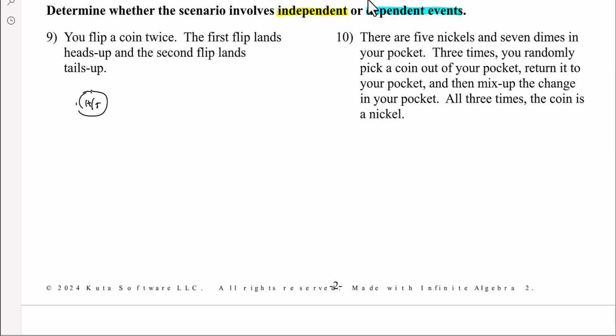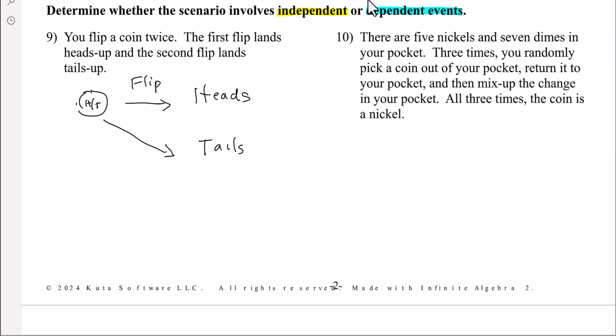You flip a coin. The first time you flip, it lands on heads. And then you flip again. You take that same coin, you flip again, and it lands on tails.